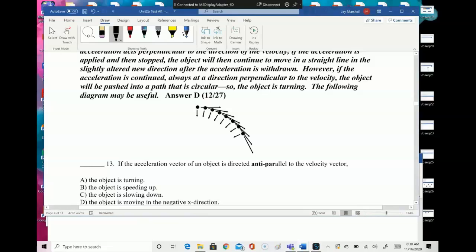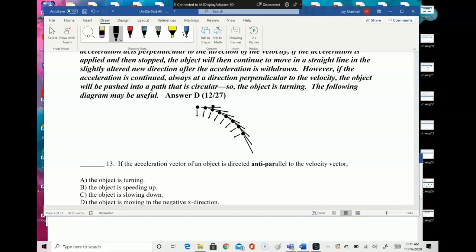If I accelerate this towards the center of a circle, when it gets to this point right here, it wanted to be there, but the force pulled it towards the center of the circle.